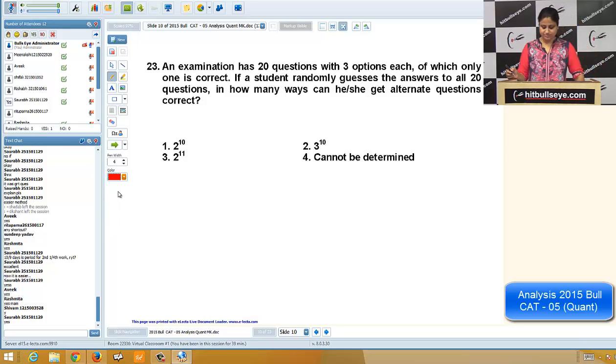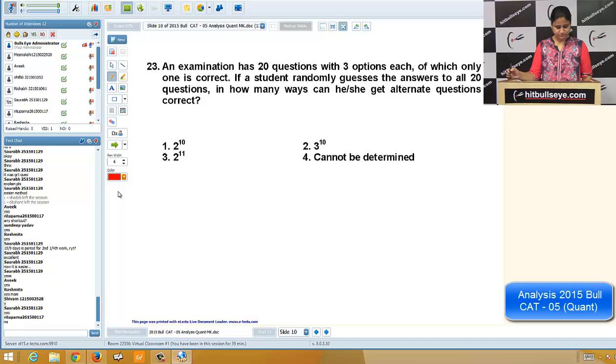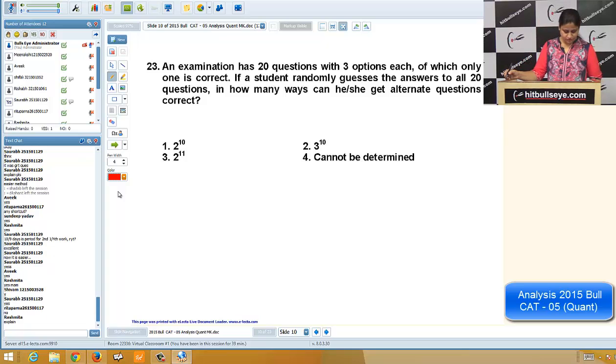Any problem in question number 23? Please write and explain in the chat box if you have a problem. Okay, Rashmita.